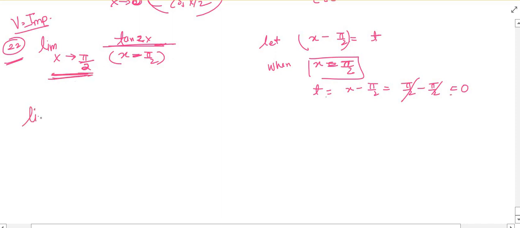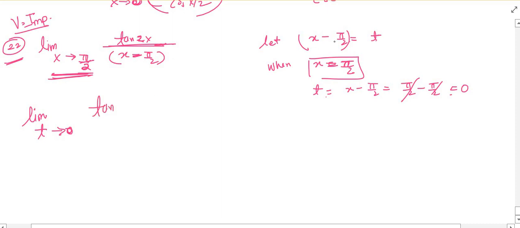So my question will become, everything I have to change into t in this part. So t is tending to 0, right? When x is tending to pi by 2, t is tending to 0.